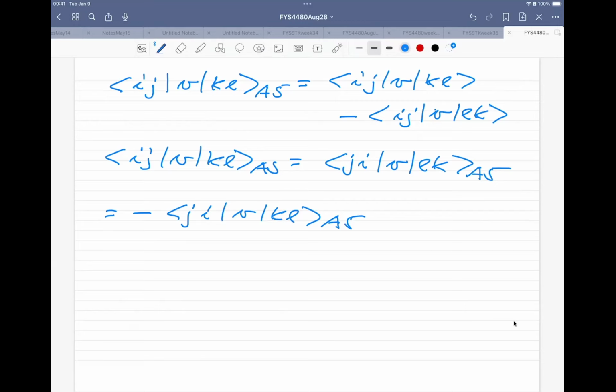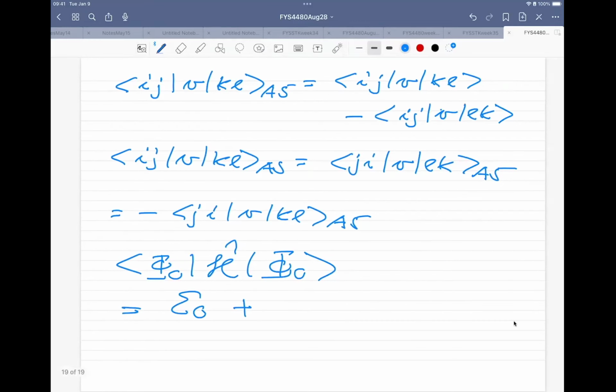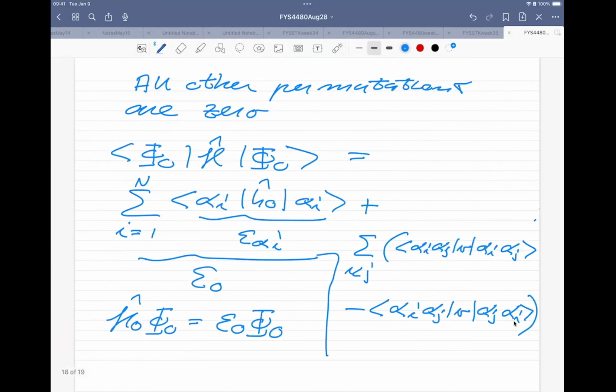So I can then rewrite this expectation value. I would have this epsilon 0, which is what we will call the non-interacting total energy, plus, and if you look back now to the expression down here, we have a sum where i is less than j, but you could sum freely.